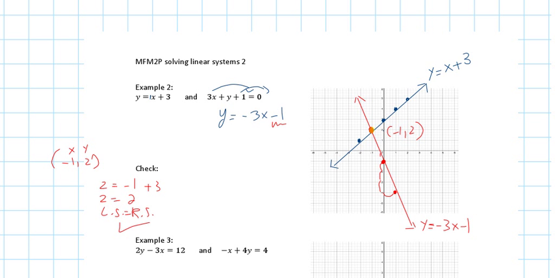Okay? I have to do the same thing for the other one. Remember, I always start with the equation that they gave me. Okay? So 3, x is -1, y is 2.